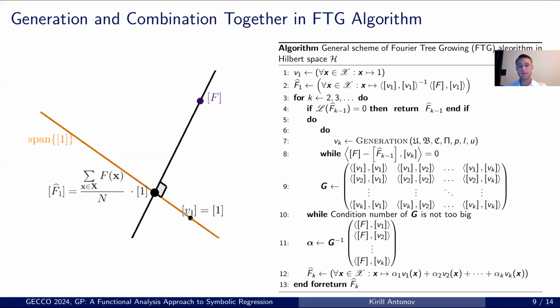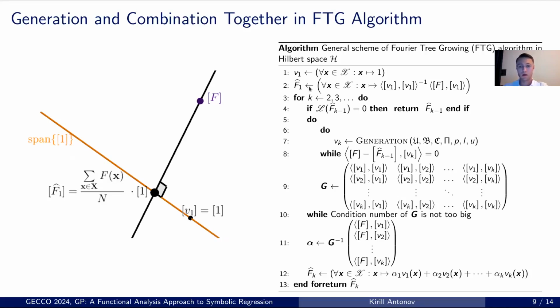Now let us describe how those two ideas of generation and combination are united by our Fourier Tree Growing algorithm. At first, we consider the first function that is just a constant one, for instance, this one here. And the span of this constant is just the line, obviously.